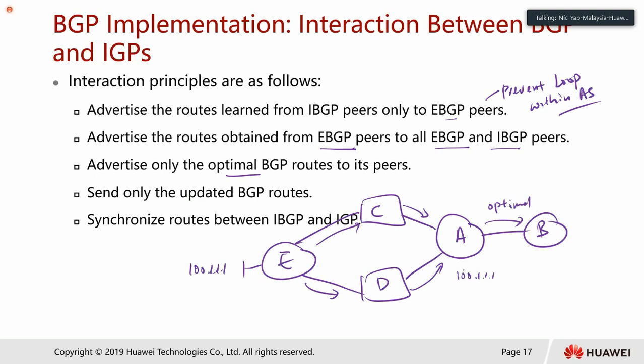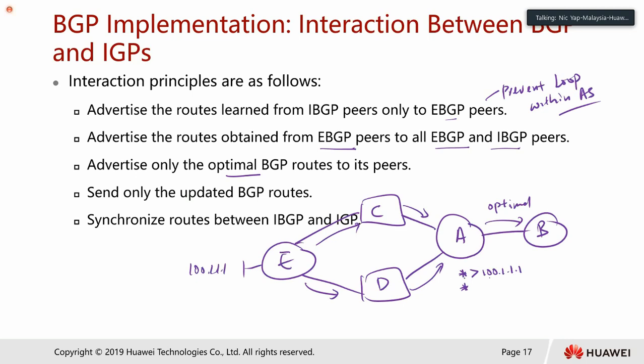Based on how I define these optimals, there is a selection criteria, a selection sequence, to define which will be the optimal route. How do we differentiate the optimal route? You will find it inside the BGP tables, something like this: asterisk and greater signs.